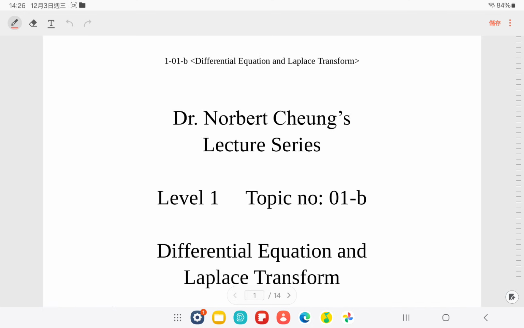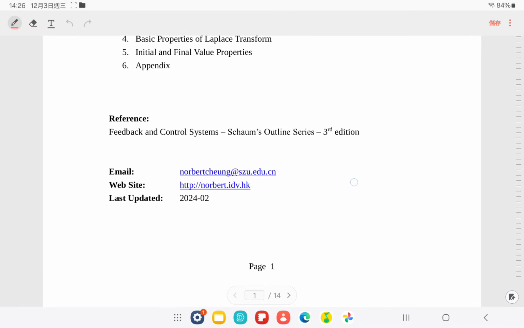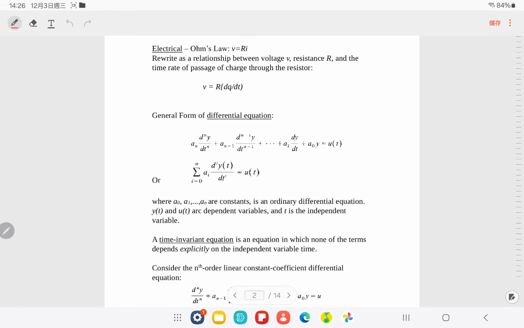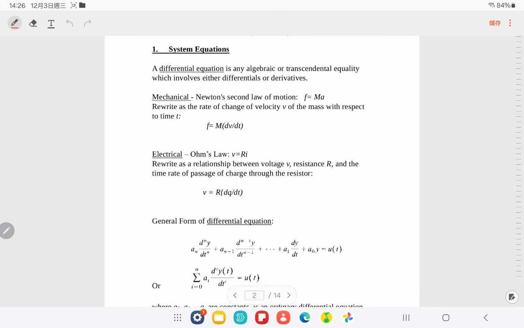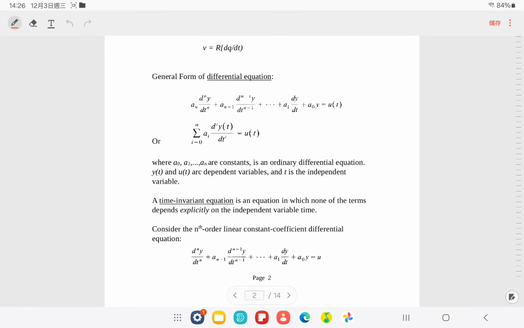Then we go to the second note, the basics of differential equations and Laplace transform. Let's go through it page by page. I suppose you know what is a differential equation. If you don't know, you just need to learn from the mathematics book yourself.